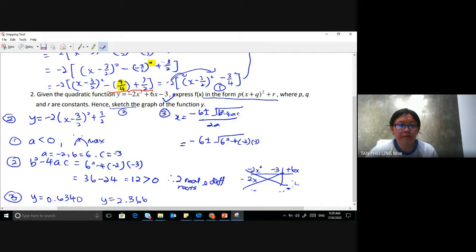Then over 2a, which is negative 2. This is a step that you must show. Now I get my x equals, then you can simplify, negative 6 plus or minus the square root of b squared minus 4ac. Press your calculator, what do you get?